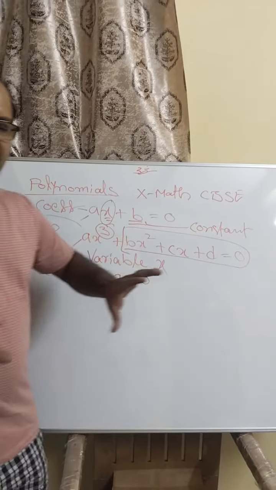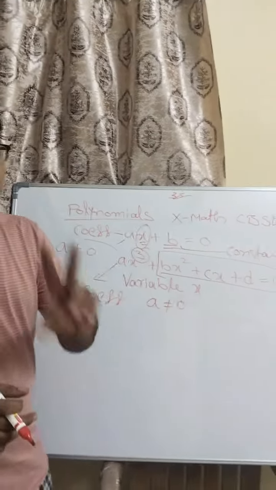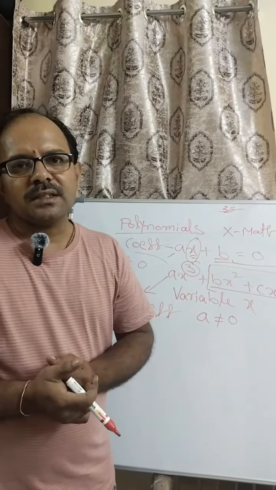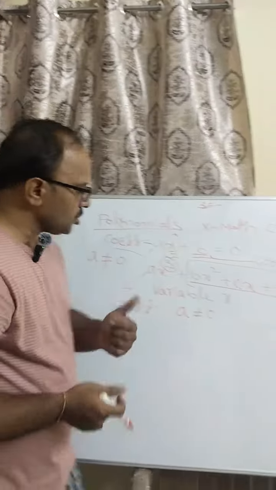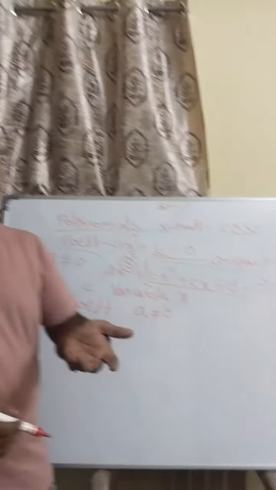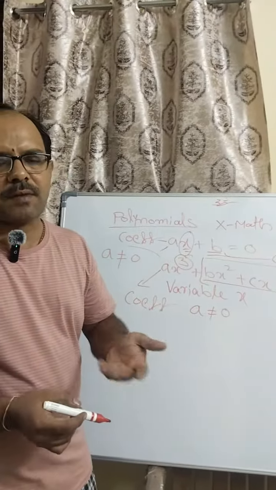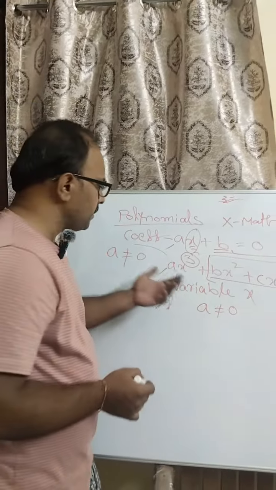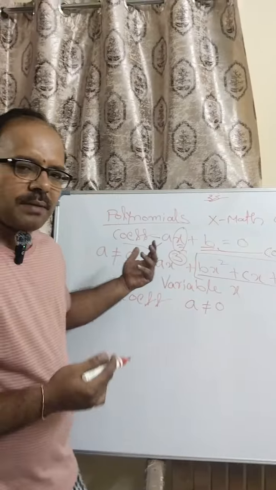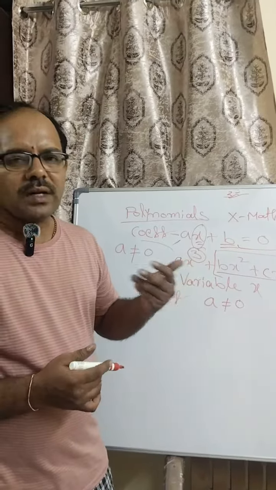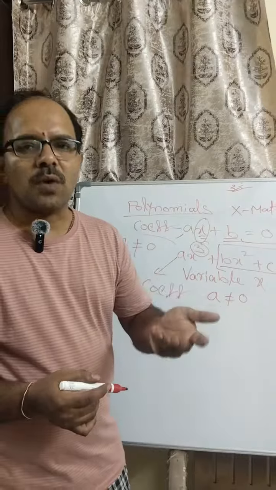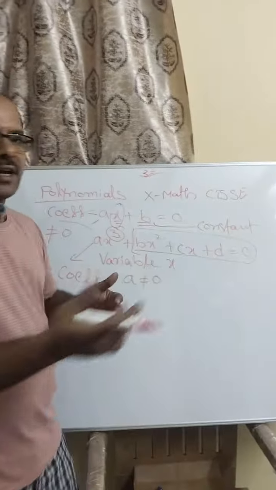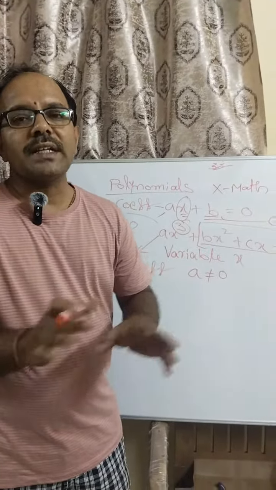So this is a general idea of the polynomial. Two things we need to remember while understanding the nature of the polynomial. One should look at the highest power of the variable and its coefficient. The coefficient should not be equal to 0. Based on that, one can conclude that the order of the polynomial and the degree of the polynomial are interchangeable.